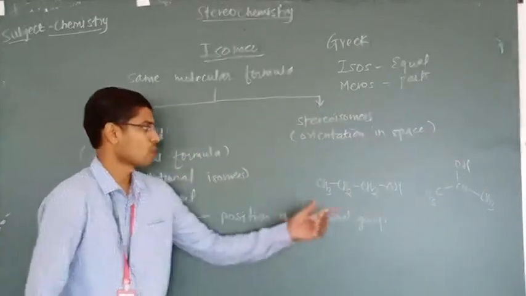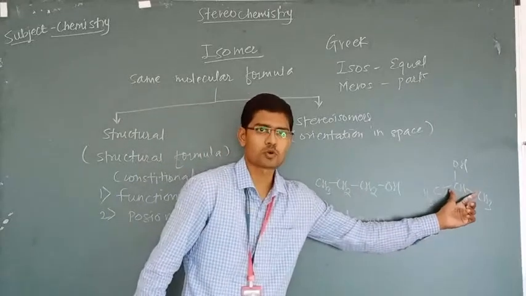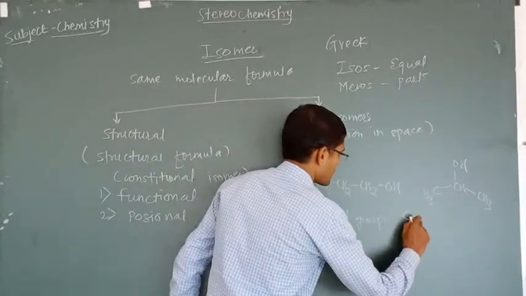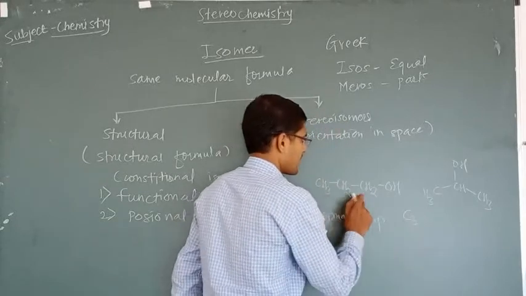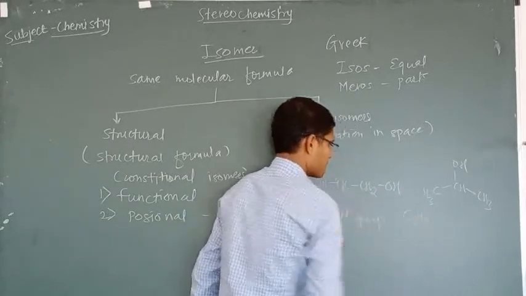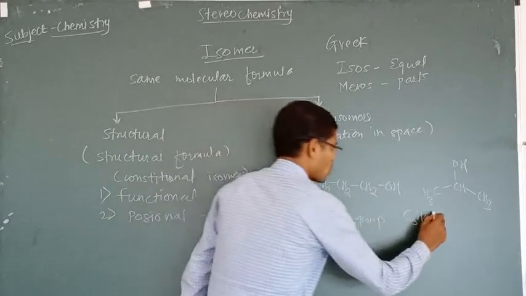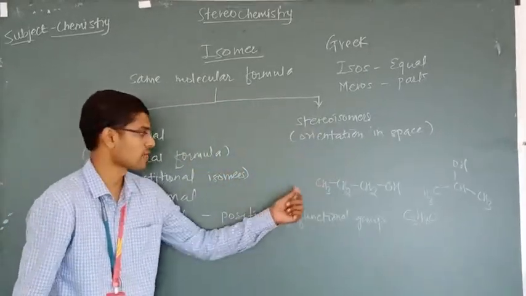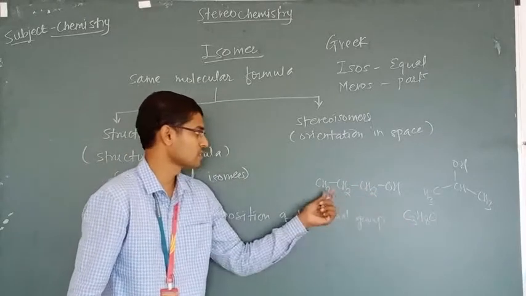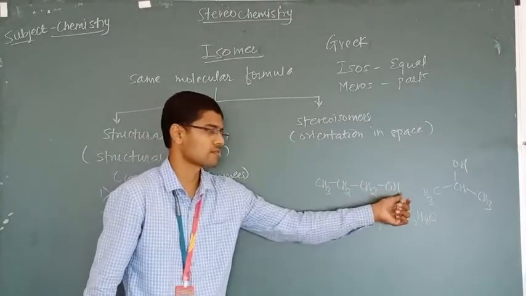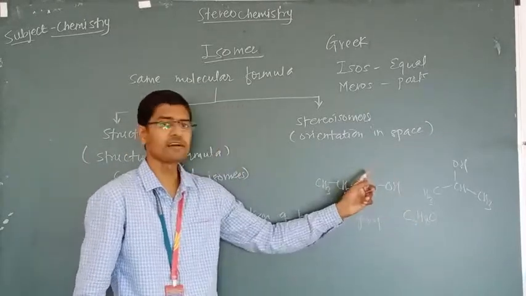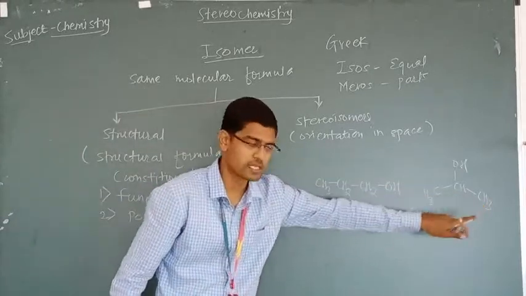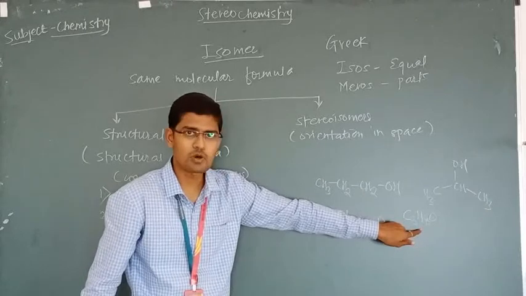Propanol and isopropanol. Both have the same molecular formula, C3H8O. You can see both have the same molecular formula: 3 carbons, 8 hydrogens and 1 oxygen. That means these two compounds are isomers because they have the same molecular formula.